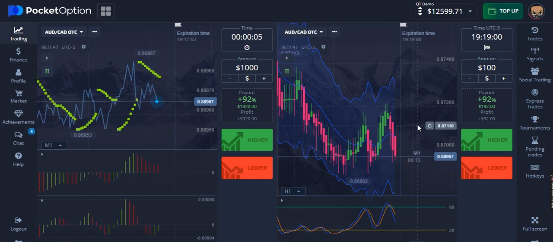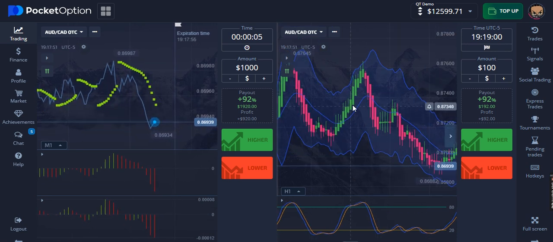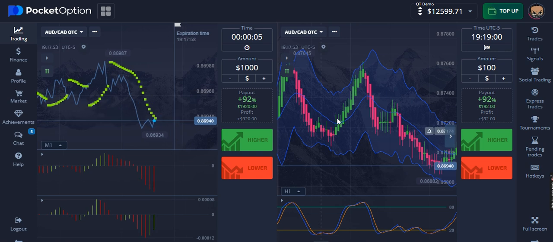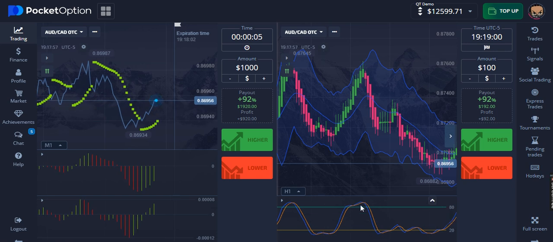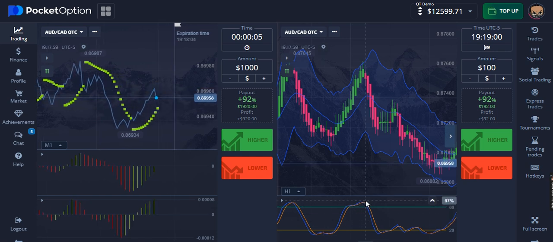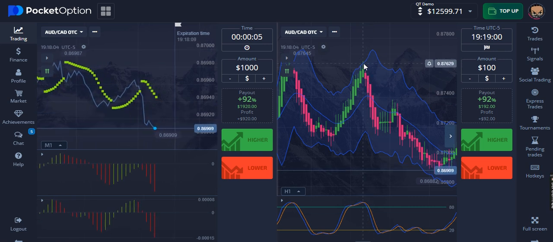But this is what we're doing, so let's dive in here. As you can see, at the peak of AC here on AUD/CAD OTC, the blue line hits its peak and crosses a little above the Keltner channel.